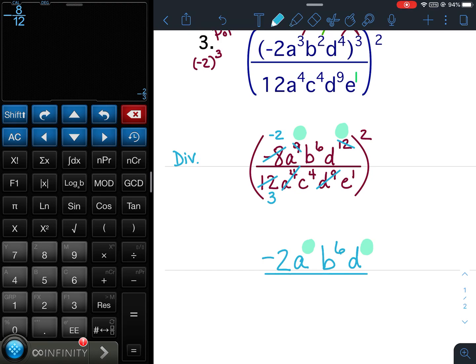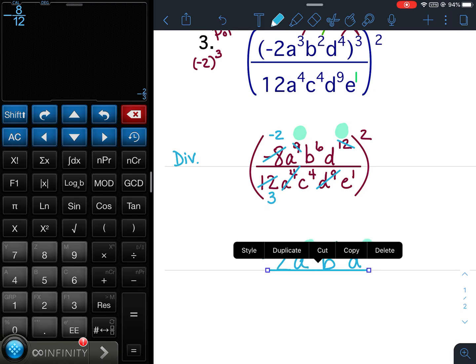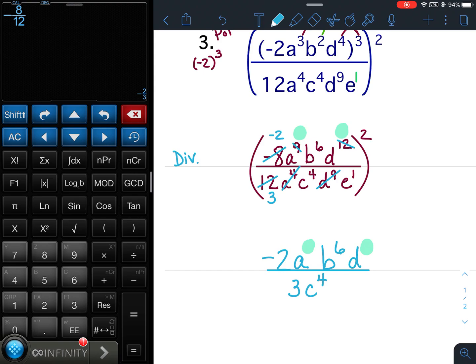On the bottom, I have 3, c to the 4th, e to the 1st. And all of that is to the second power.